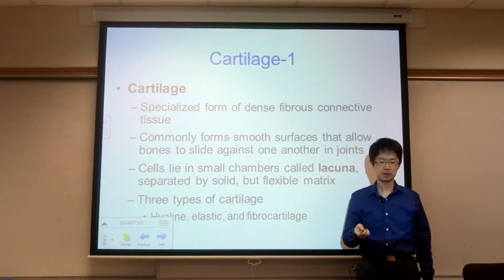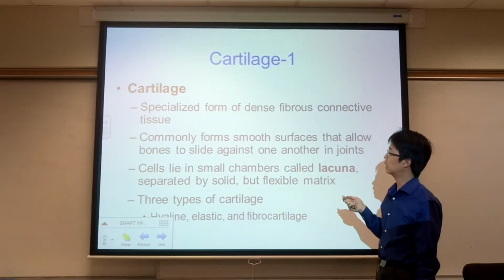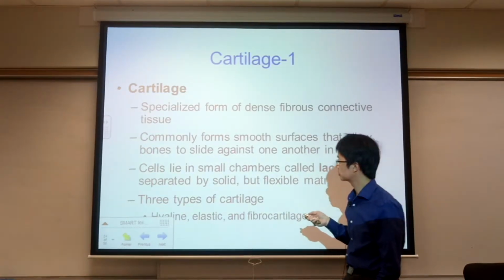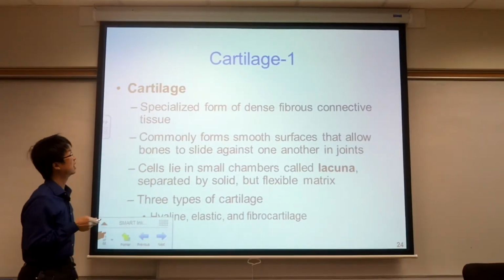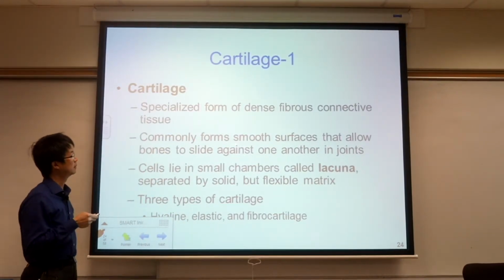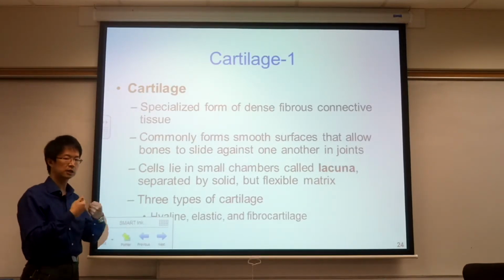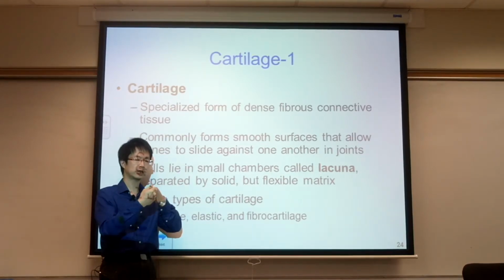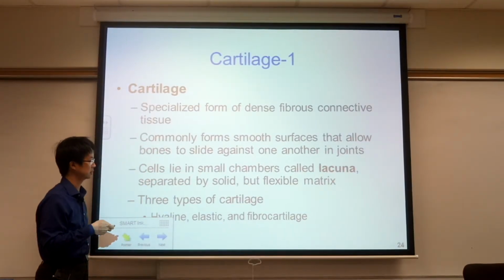Cartilage. Cartilage is an example of dense fibrous connective tissues. Cartilage has a smooth surface, allowing bones to glide on each other. Basically, it reduces friction as the bones move on each other, when they glide on each other.